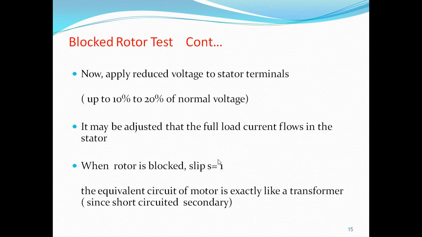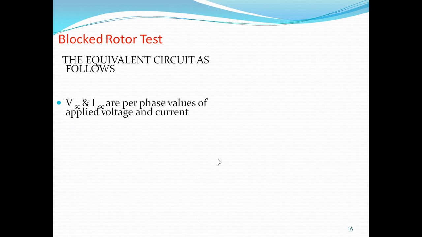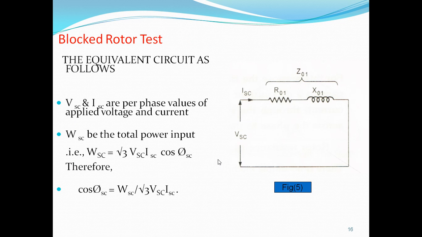So the equivalent circuit of a motor is exactly like a transformer with short circuited secondary. If you draw the equivalent circuit, it will be like this, where VSC is the short circuit voltage and ISC is the short circuit current.